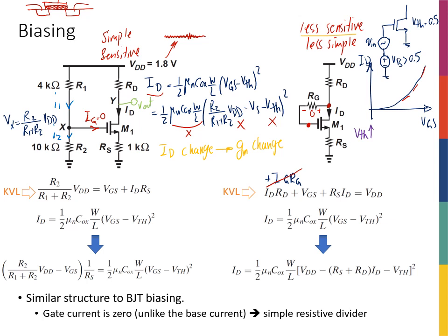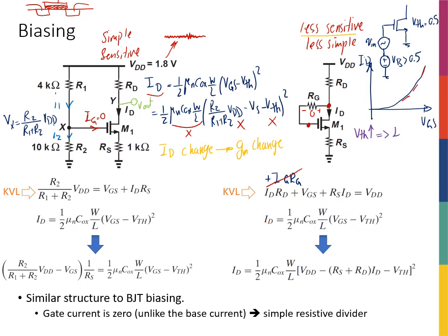If VTH goes up, based on the current-voltage equation of a transistor in saturation, the expression inside the bracket decreases. This means that ID goes down, okay?